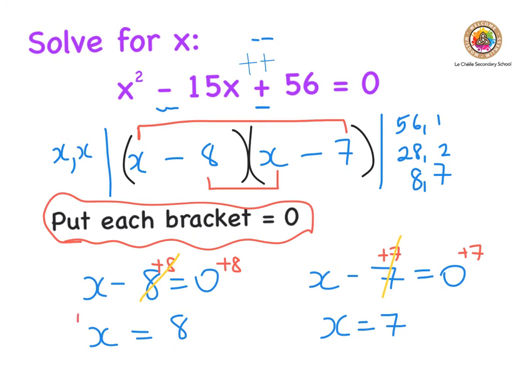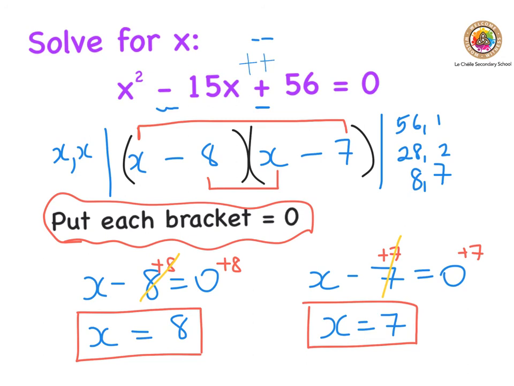And similarly as before, we could check and see if they're true. We can even just do it in our heads and say, well, 8 squared is 64. And 64 plus 56 is 120. And 15 times 8 is 120. So 120 minus 120 is equal to 0.